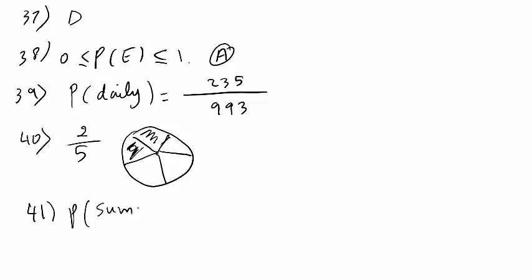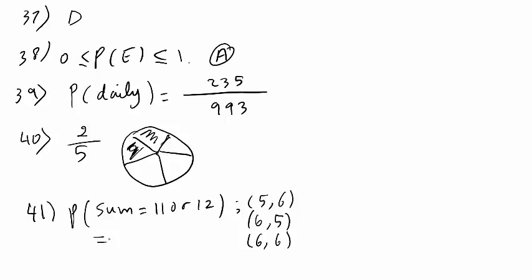It's sum equals 11 or 12. We can't go beyond 12 because 6 plus 6 is 12. So what are the possible outcomes here? For 11, we could get 5 and 6, or what? 6 and 5. Anything else? No. What about 12? For 12, the only outcome is 6 and 6. So how many of those? There is 3. It's 3 out of 36, and your answer is 1 over 12.